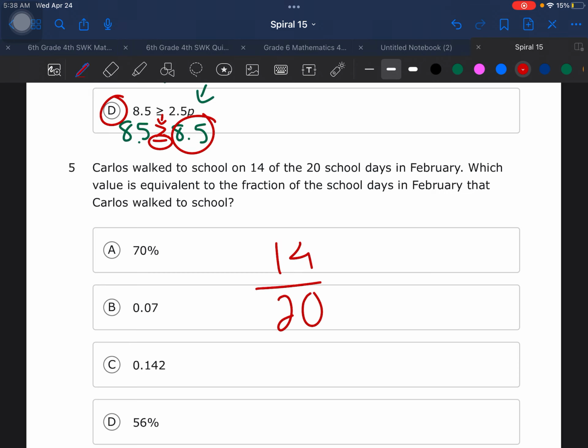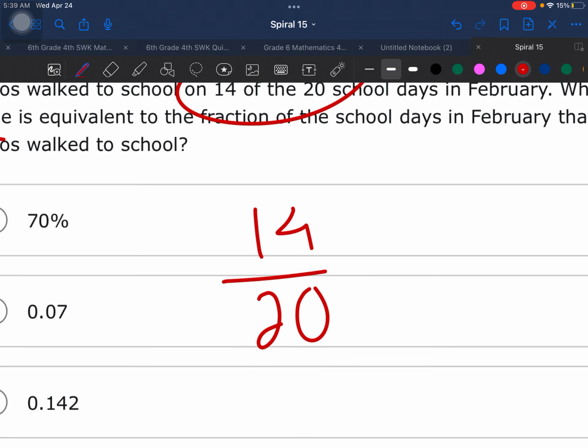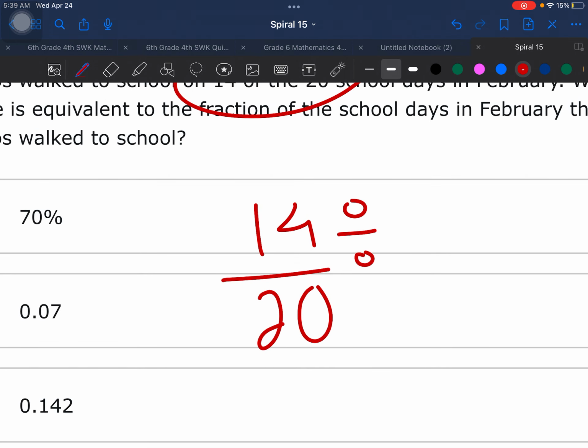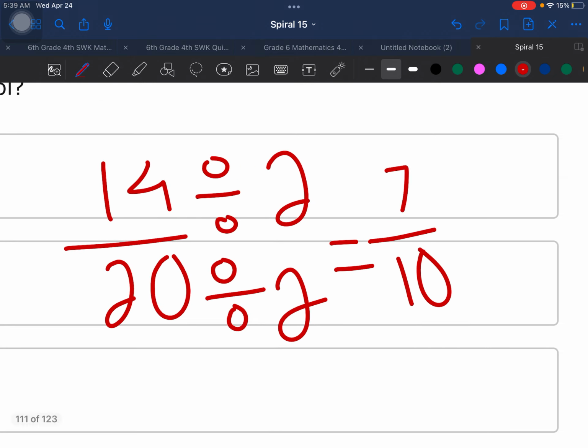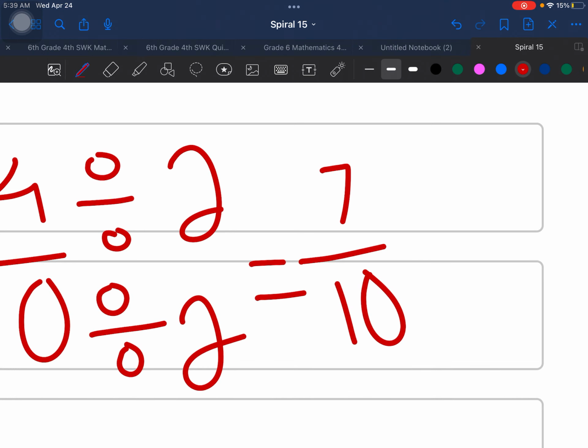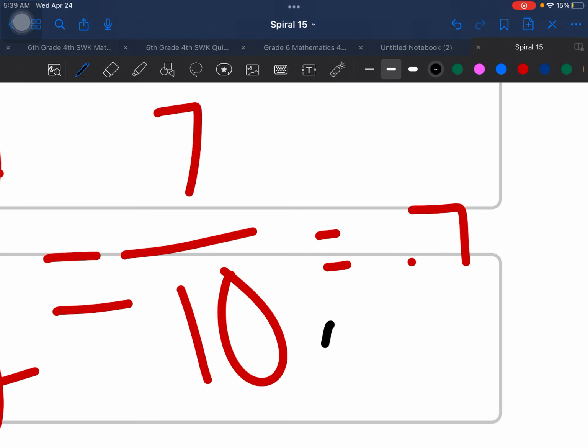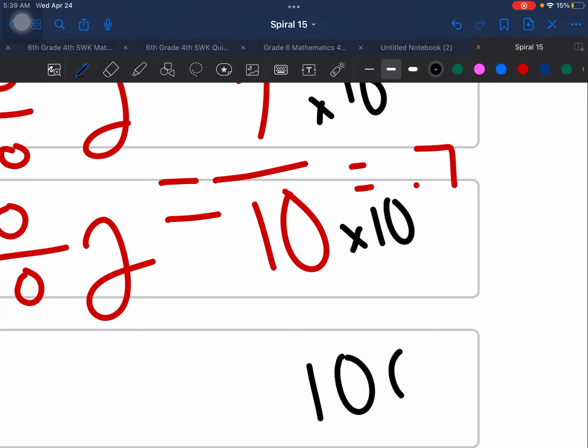14 out of 20. Right away, chicos. Boom. Which value is equivalent to the fraction? Well, I would simplify first, chicos, porque les ayudaría bastante tener números más chiquitos. It would help to have smaller numbers. And if you know this, there would be 0.7, and you multiply by 10, you would get 100.